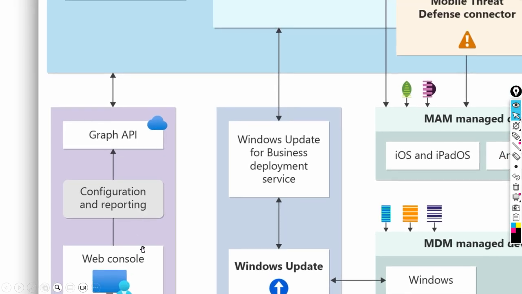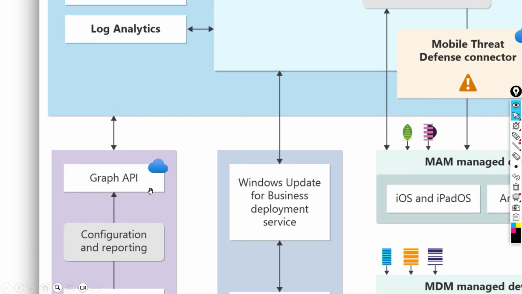Then there is configuration reporting in the background, which gives you the flexibility to connect over the entire environment. Then there is the Graph API. The Graph API is like a gateway. Think of it as a gate, and in this gate there is a small connection.